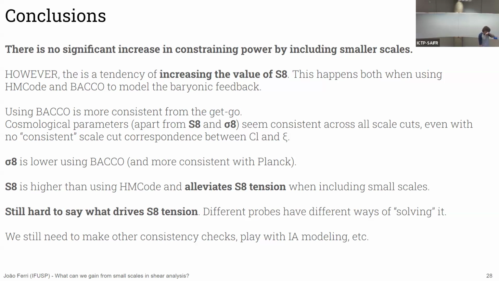Because it has 2 papers, but I want to call your attention to the 2022 paper, where he does, well, we do actually, because the whole collaboration is part of it, the shear analysis in harmonic space. So for DES, of course, the fiducial analysis is in real space, and the harmonic space is not.